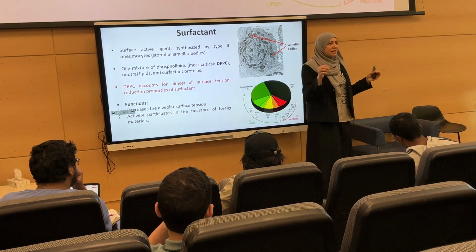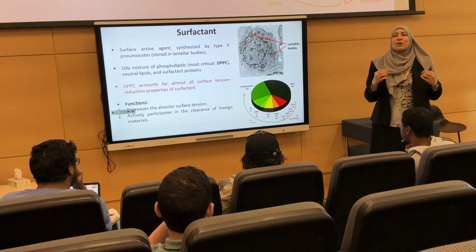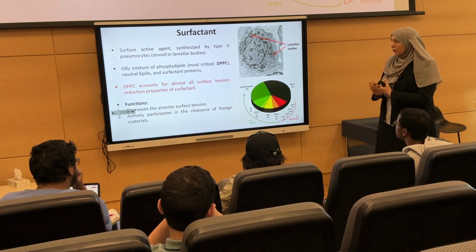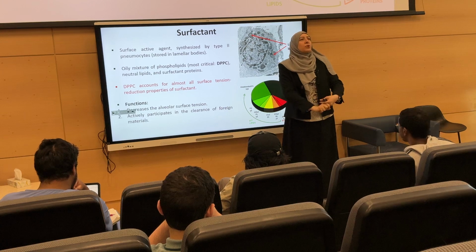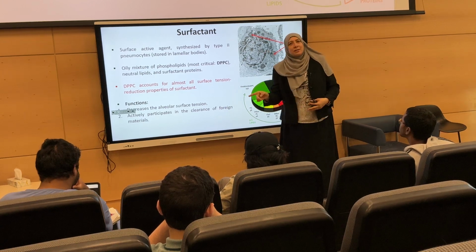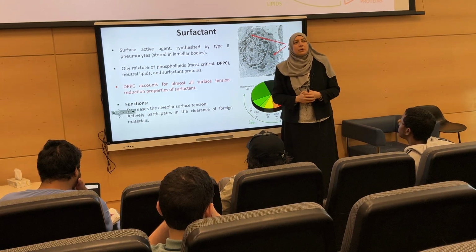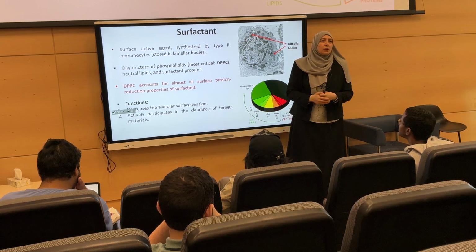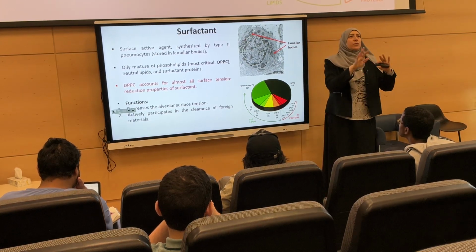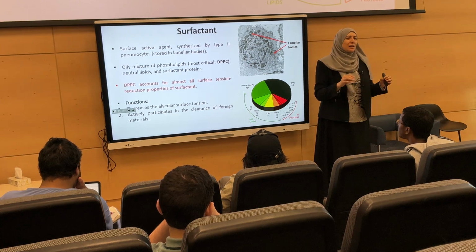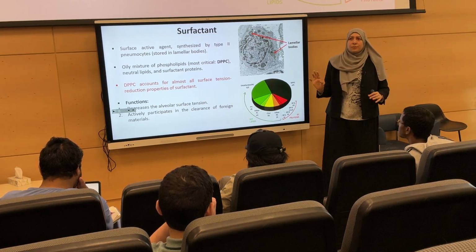So we need the DPPC for the actual function of the surfactant, which is decreasing the surface tension of the alveoli. Is there any other function of the surfactant rather than decreasing the surface tension? Clearance, yeah. We are clearing any foreign materials inside the alveoli. So it's a little bit of an immune function. Good? Immunity, a little bit.